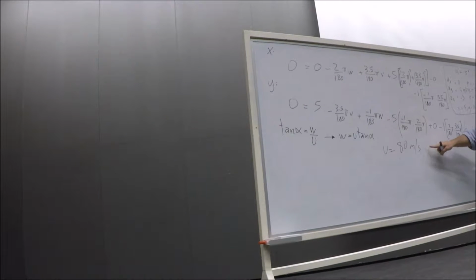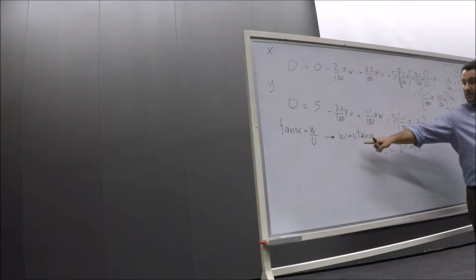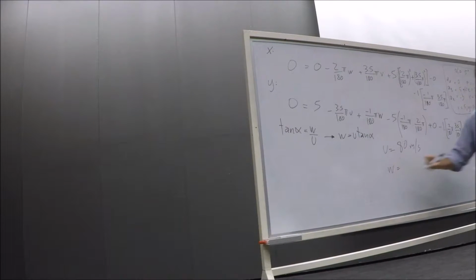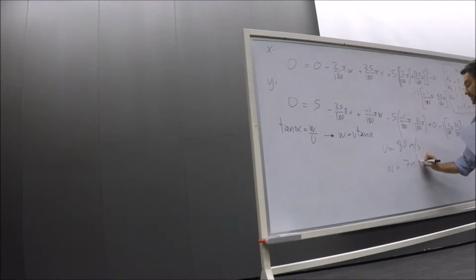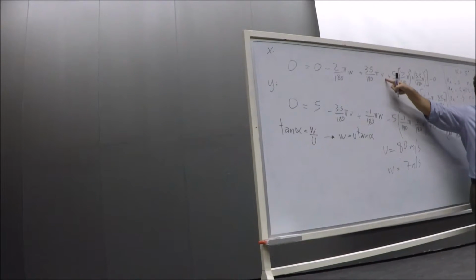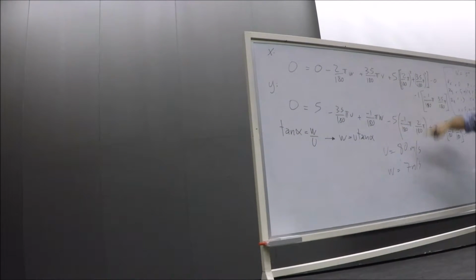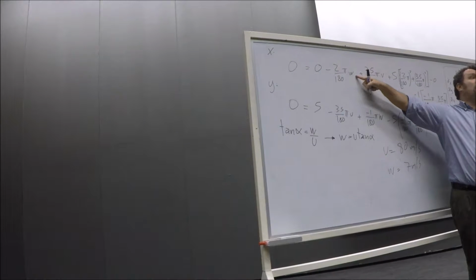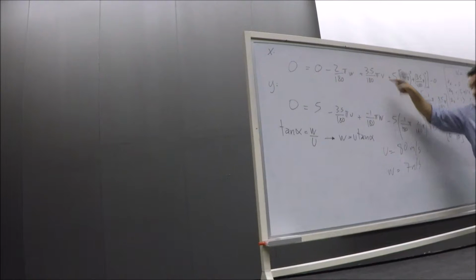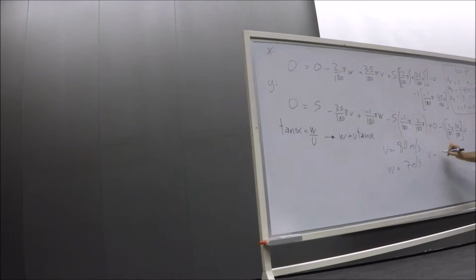So with this value of U, I can find W, which is 7 meters per second. And with the value of W, I can go into this equation and solve for V. So V is equal to 3.5 meters per second.